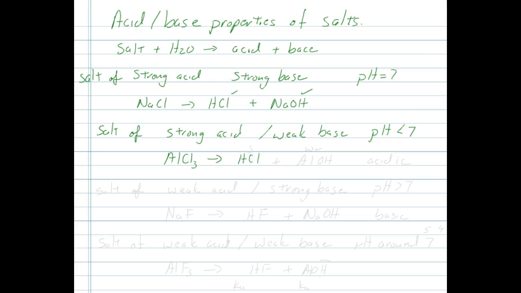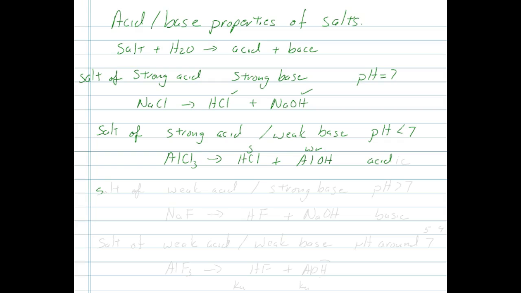Don't worry about subscripts, don't worry about balancing things. Plus AlOH. Al is not a group 2 ion or a group 1 ion, so it's going to be weak. So this is strong, this is weak. The strong beats the weak down, and the pH is going to be less than 7, so it's going to be an acidic solution, because you've got a stronger acid and a weaker base.